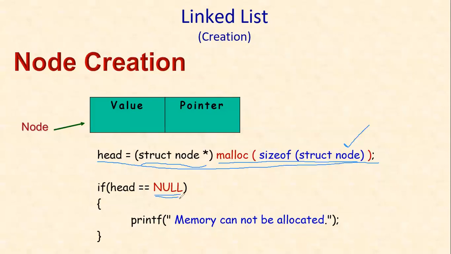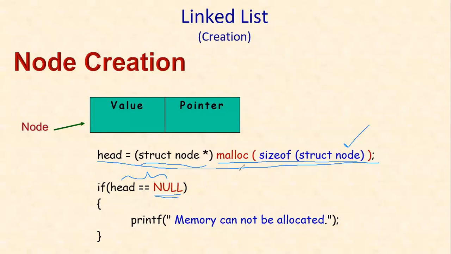If memory is allocated, we will go forward and do the further process whatever we want to do. If memory is not allocated, we have to stop right here, because there is no memory for us in the computer. So to check that, we have to test whether the malloc function returned a valid address or null.